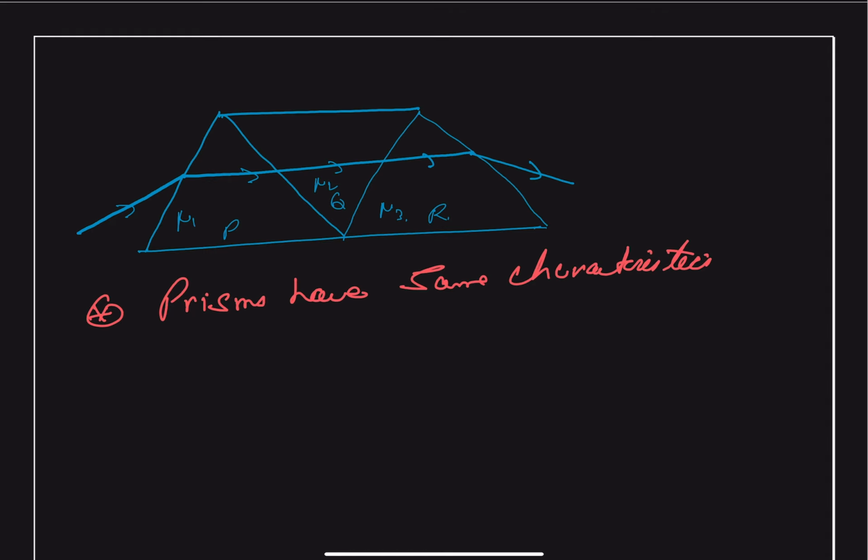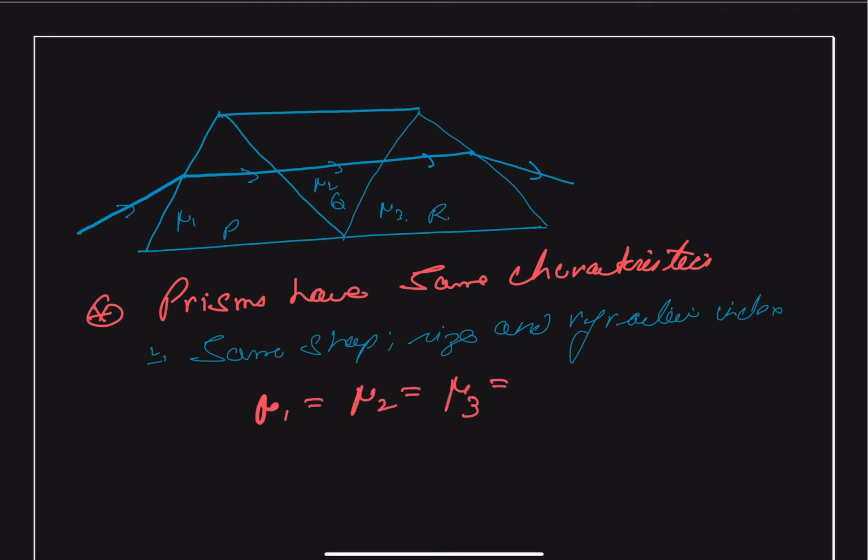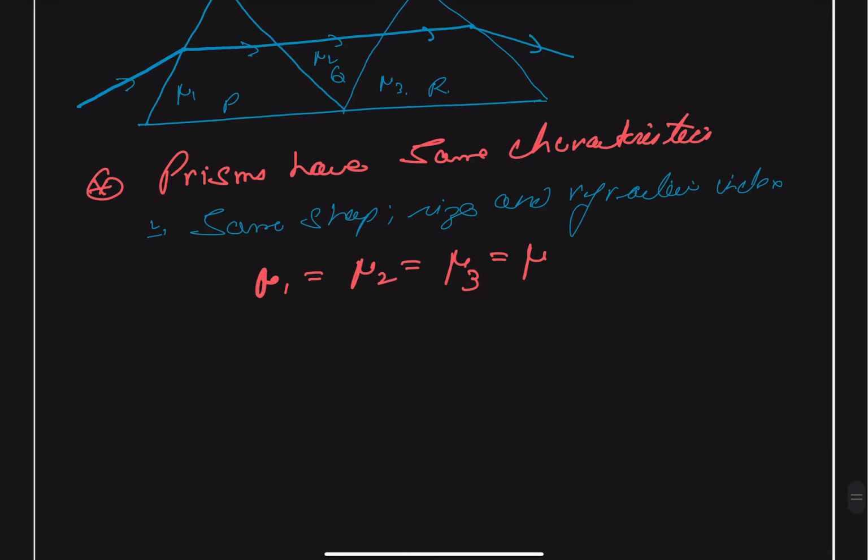So it means they have the same shape, size, and refractive index. We are mainly interested in refractive index. So we can say mu1 is equal to mu2 is equal to mu3, suppose equal to mu. And we have to find out the deviation in the prism.